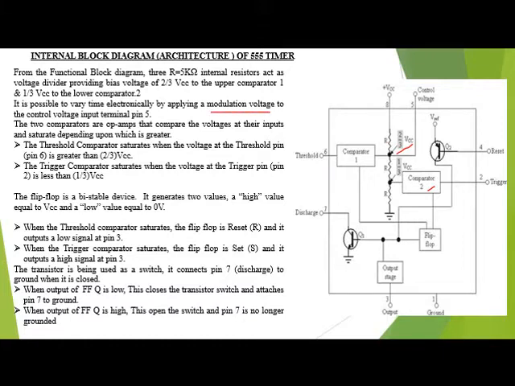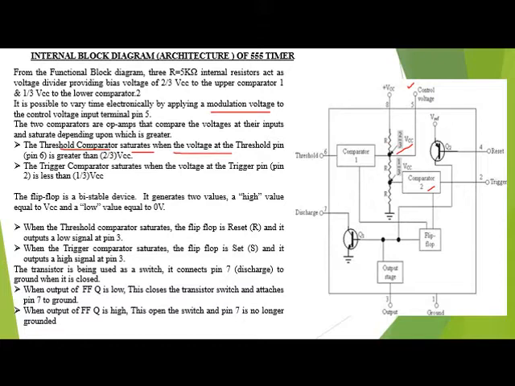It is saturated when the voltage at threshold pin number 6 is greater than 2/3 of VCC. The second one, comparator 2, is the trigger comparator. It is saturated when the voltage at trigger pin number 2 is less than 1/3 of VCC.